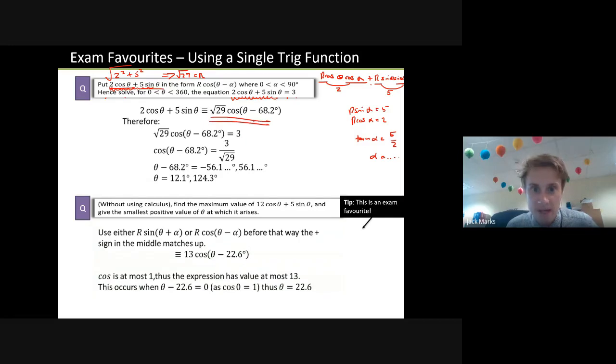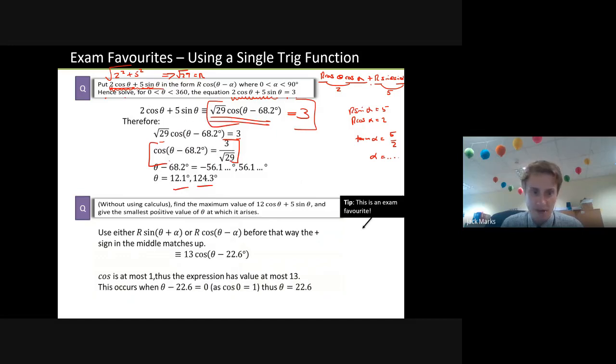This is my value here. That's the same as 2 cos theta plus 5 sin theta, and I need to set it equal to 3. That's the next step. It might look a bit complicated, but divide by root 29. And then when you're at that point, that's solving trig equations like in year 12. So you can solve that one and you can answer this.